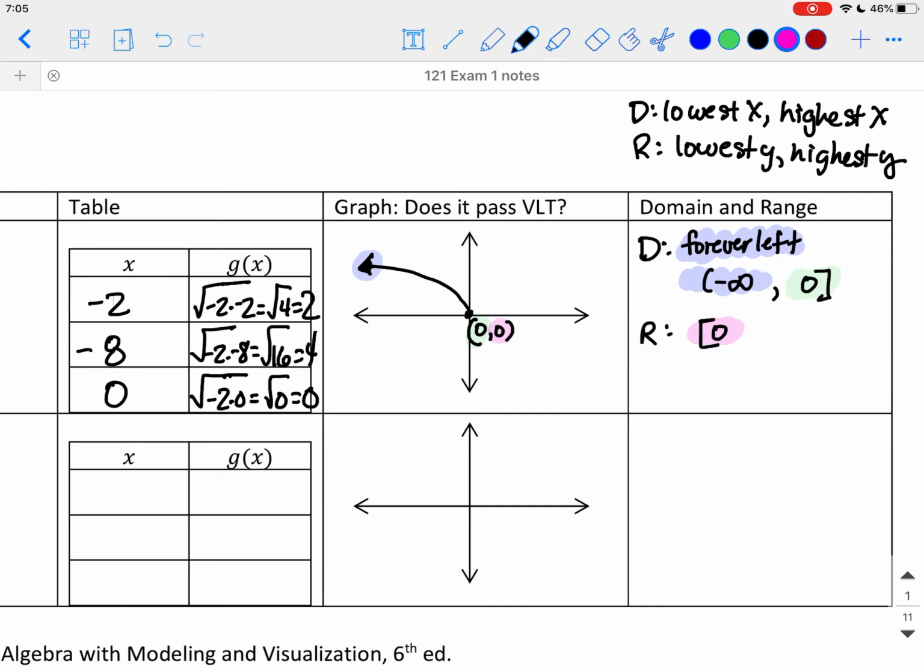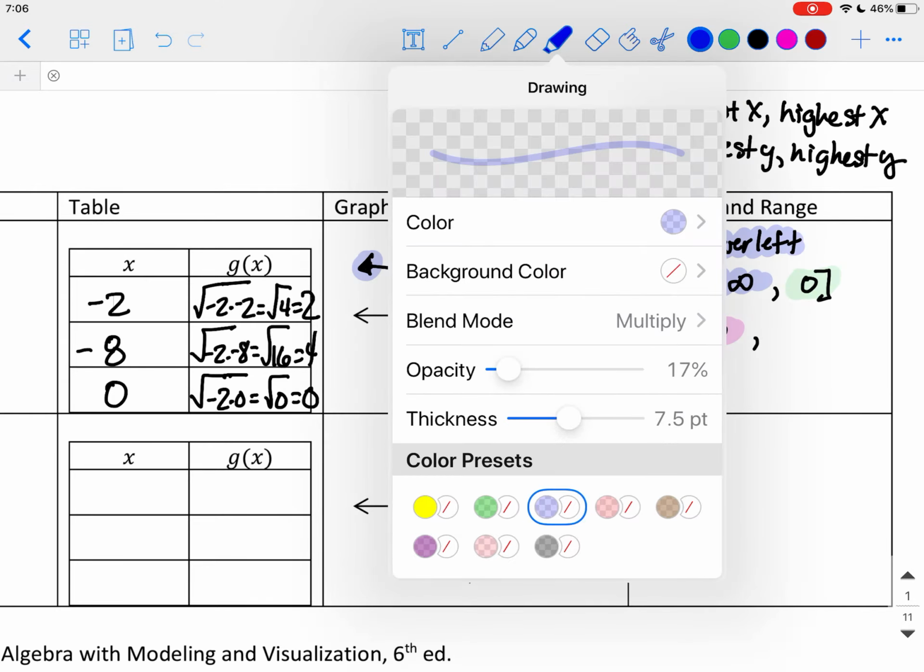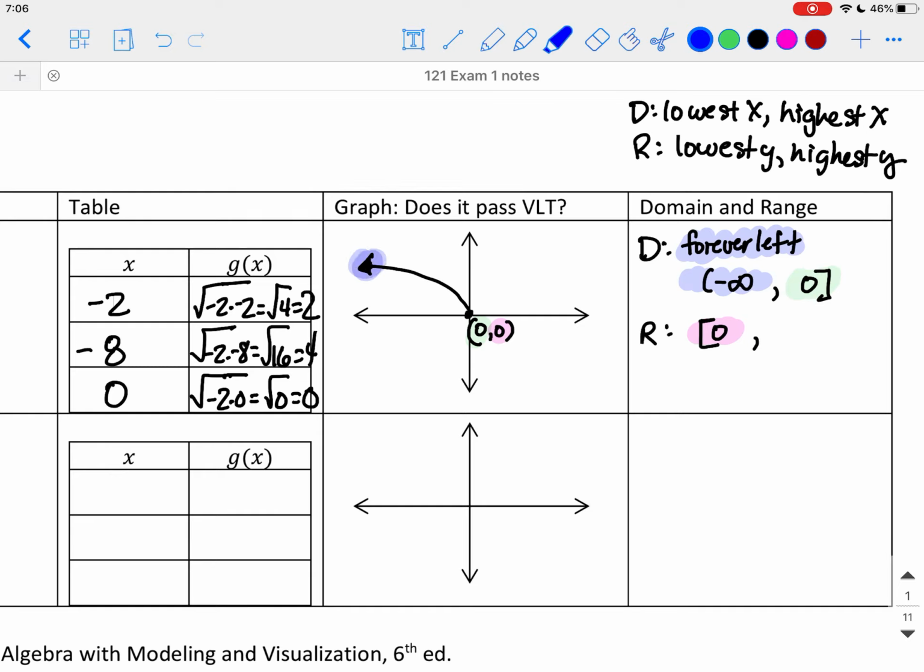So it's going to be a bracket. And this same arrow that I'm going to highlight, what was the highlight that I used? This one right here, that same one, is going very slowly forever up.